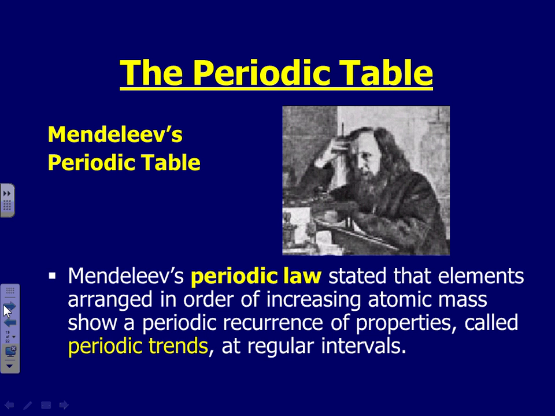And when he got to fluorine, these noble gases hadn't been discovered. His next card would have been sodium, and instead of putting it there, he said, wait a minute, sodium is chemically very similar to lithium. I'm just going to start a new row.